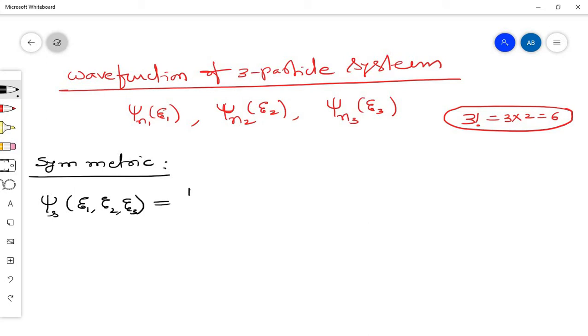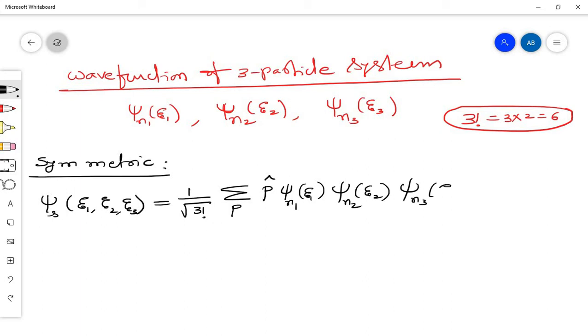That will be equal to 1 by square root of 3 factorial, summation over all the possible permutations, P the permutation operator, acting on psi n1 e1, psi n2 e2, psi n3 e3.